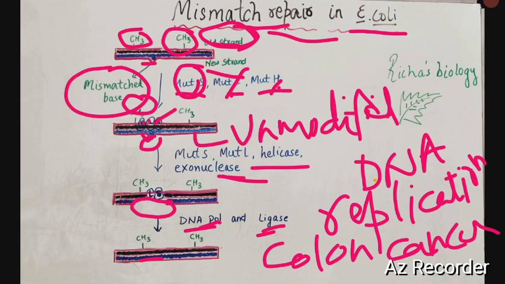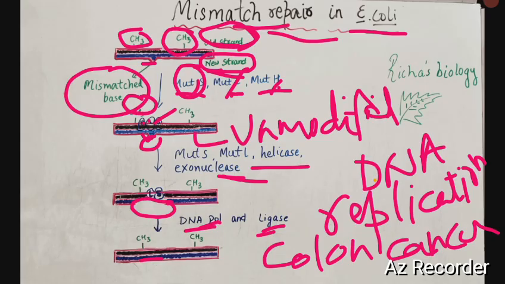That's why the repair system will detect and excise mismatch bases in the new strand, because it has not yet been methylated. Before methylation happens, this mismatch repair will do its function, right?